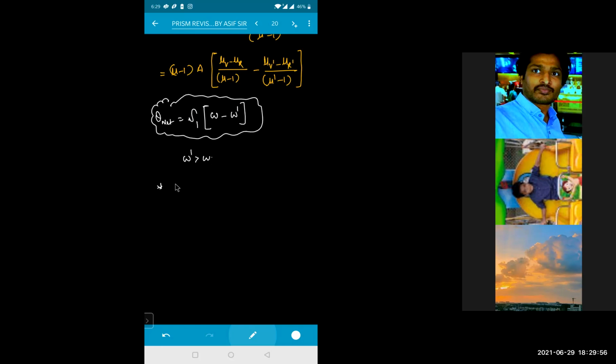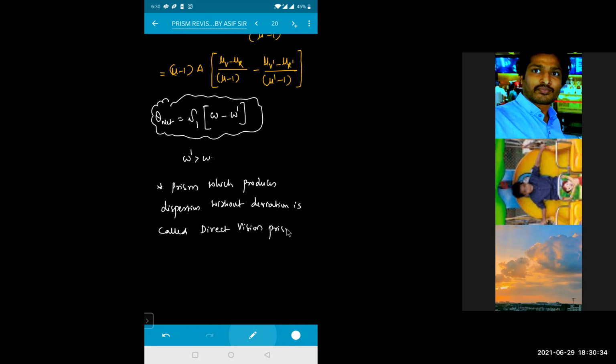So I can say that the prism which produces dispersion without deviation is called a DVP, that is, direct vision prism. A prism which produces dispersion without deviation is called a direct vision prism.